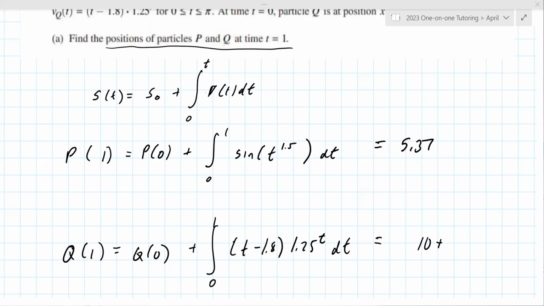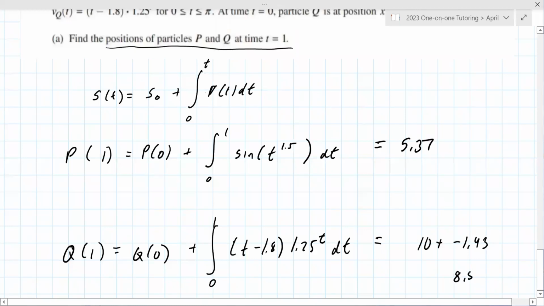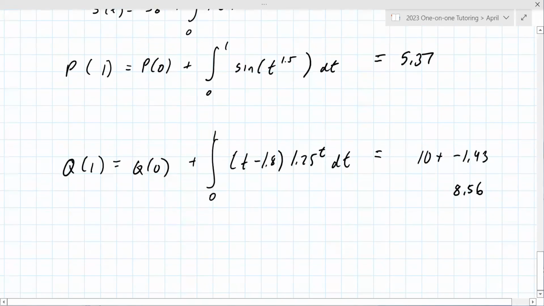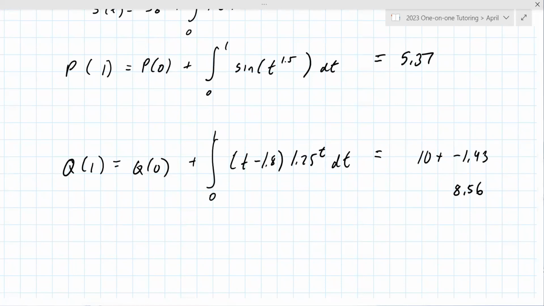I got 8.56. Yeah, the integral is actually negative, which is fine. Visually, I think we get into that in another problem or later part of this problem. Any questions on that before we move on to part B?